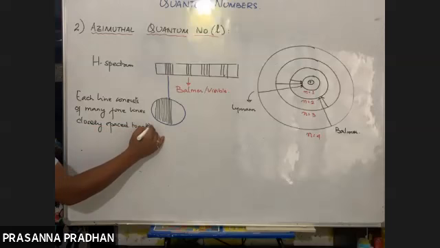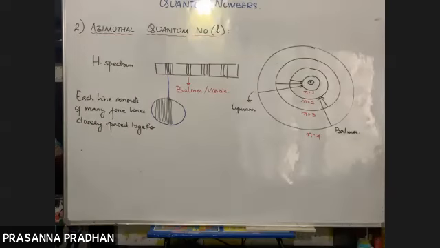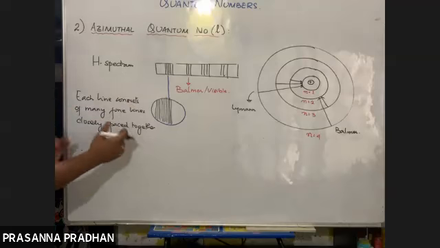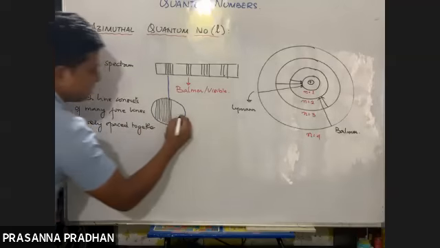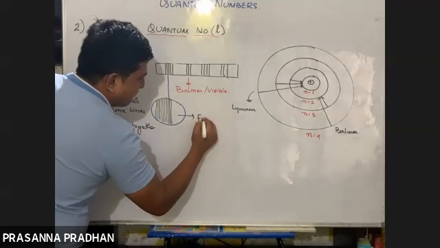That means these lines were not solid lines. Each line consisted of many fine lines closely spaced together, and this is known as fine spectra.